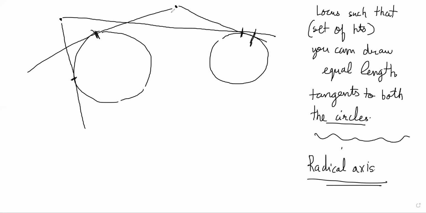There could be many such points, and they form a line called the radical axis. Any point on the radical axis is a point from which you can draw two tangents of equal length to both the circles.